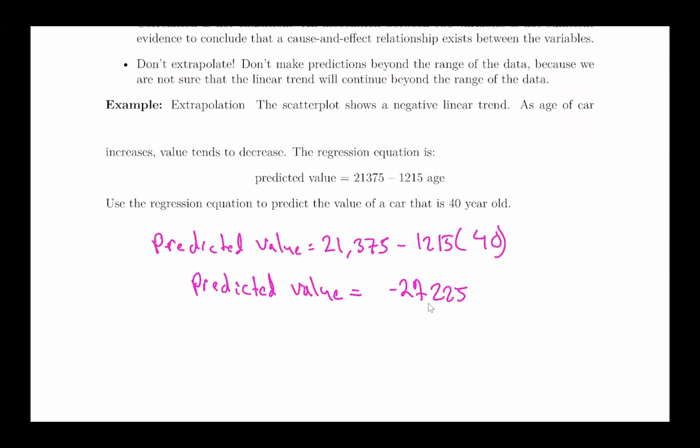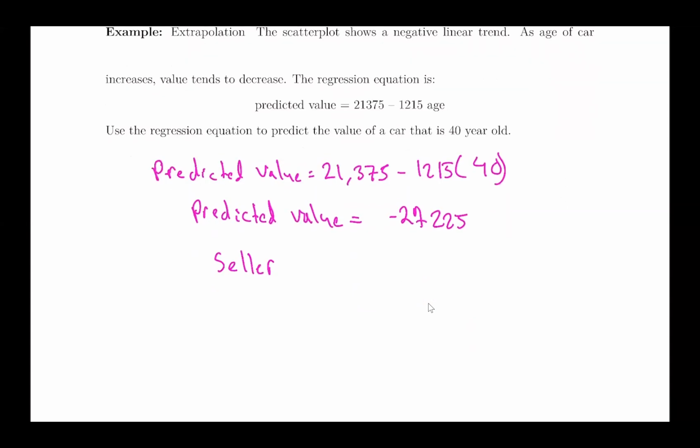So here's the seller. The seller has this car. We'll put some wheels on it. Since this car is 40 years old, it has an antenna and all those good things.